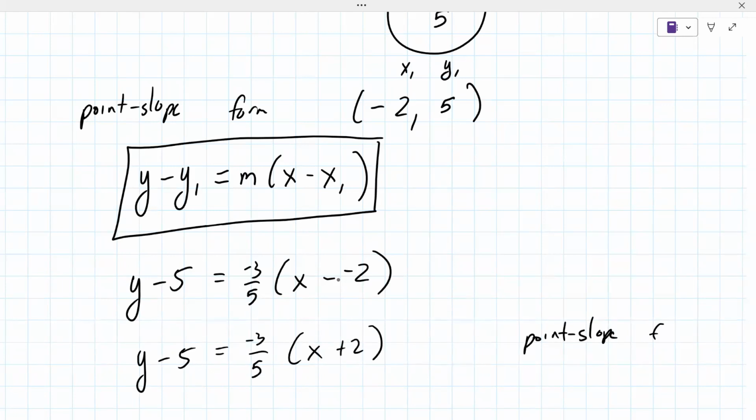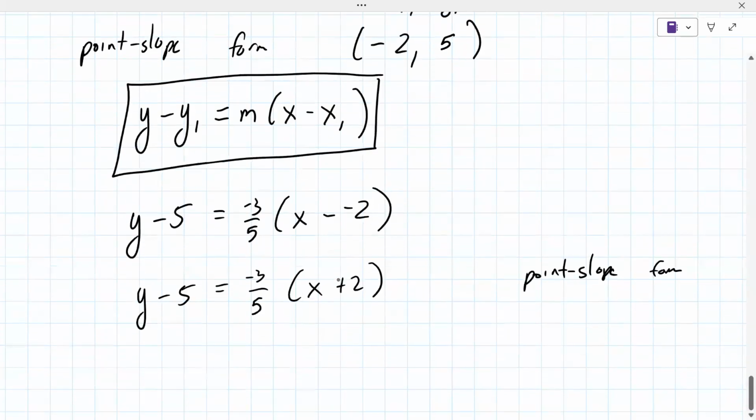And you want to start in point slope form because it leads to slope intercept form. If you look on your in-class work there, it says point slope and slope intercept form.